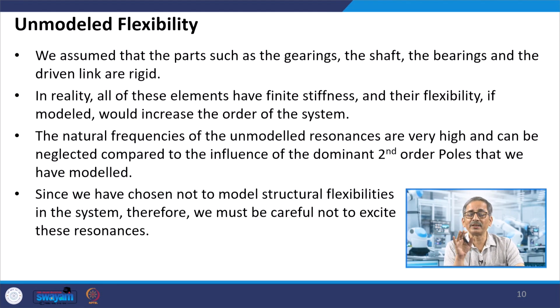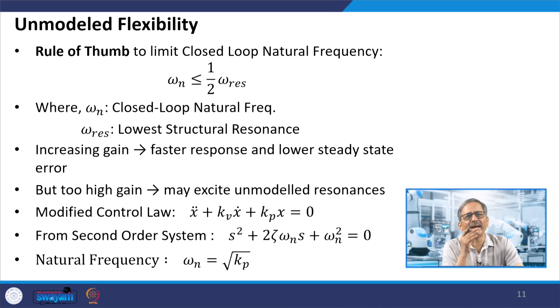So, there is a thumb rule to limit the closed loop natural frequency: the closed loop natural frequency should be less than or equal to half of your lowest structural resonance frequency. That thumb rule helps in your design.